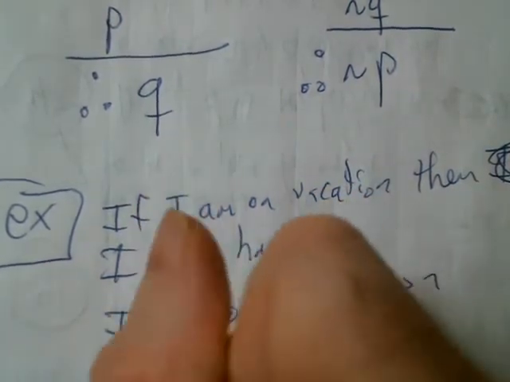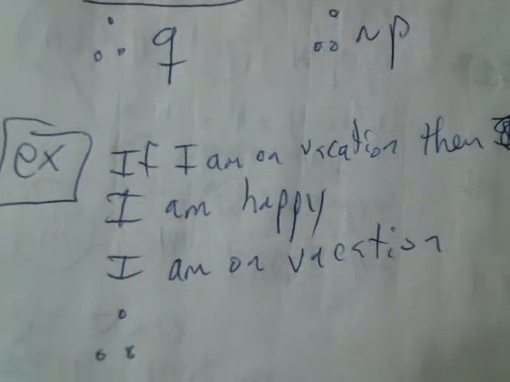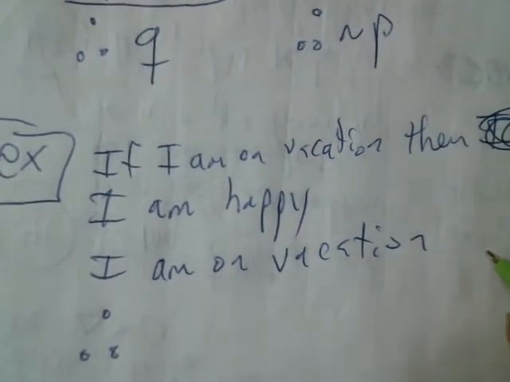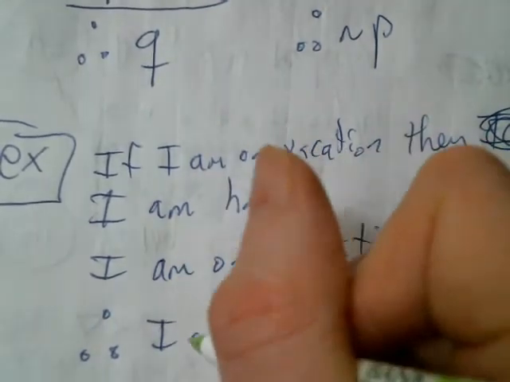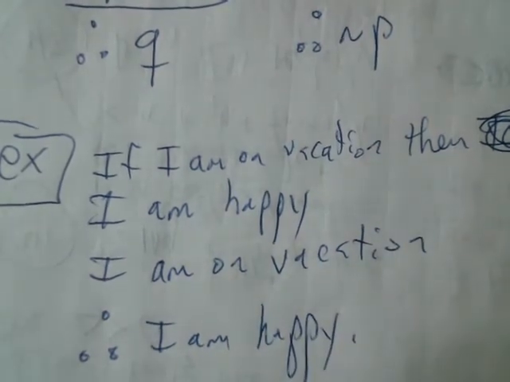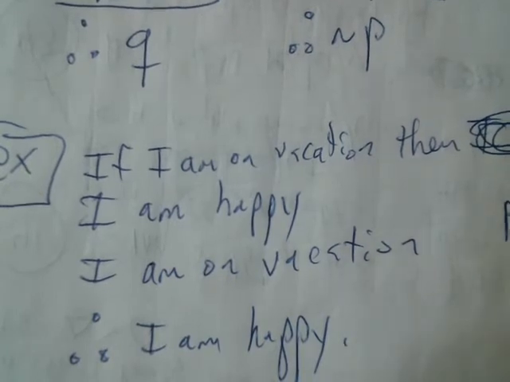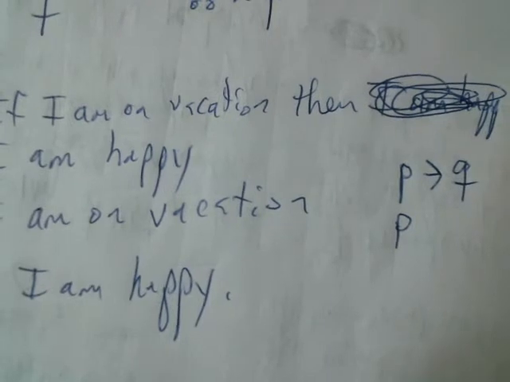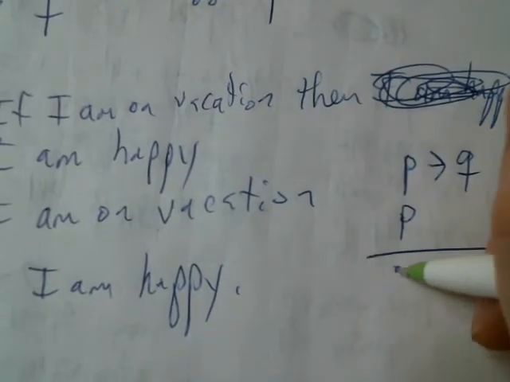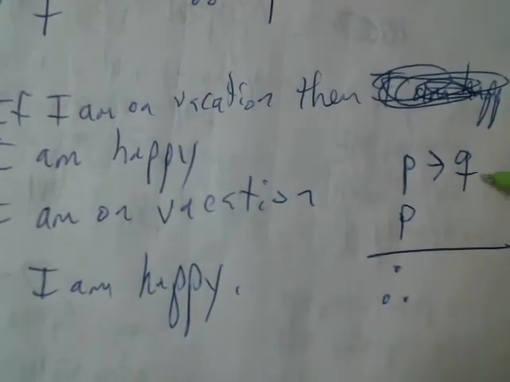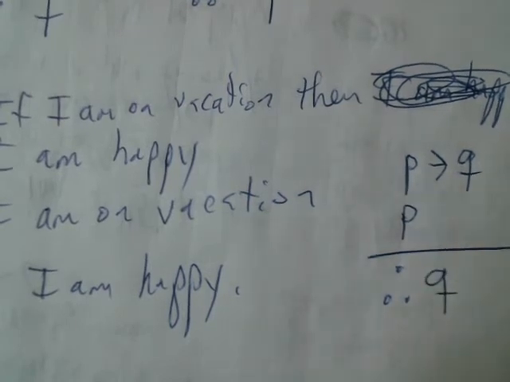So therefore, your conclusion using modus ponens is I must be happy. So the form here: if I'm on vacation, say that's P, I am happy, let's say that's Q. You're given that you're on vacation, you're given P, and then you must be able to conclude that if P is true, Q must be true. I must be happy.